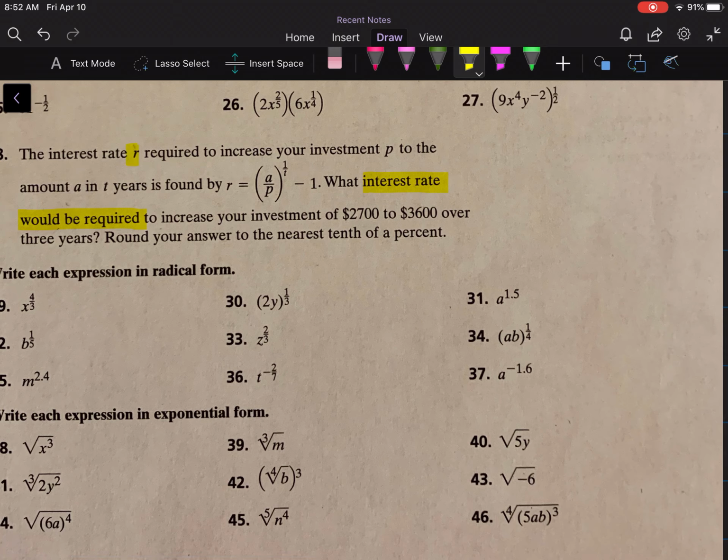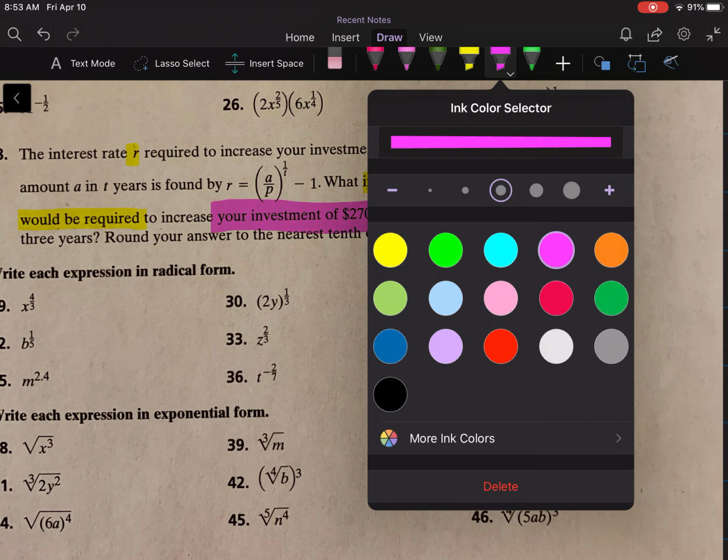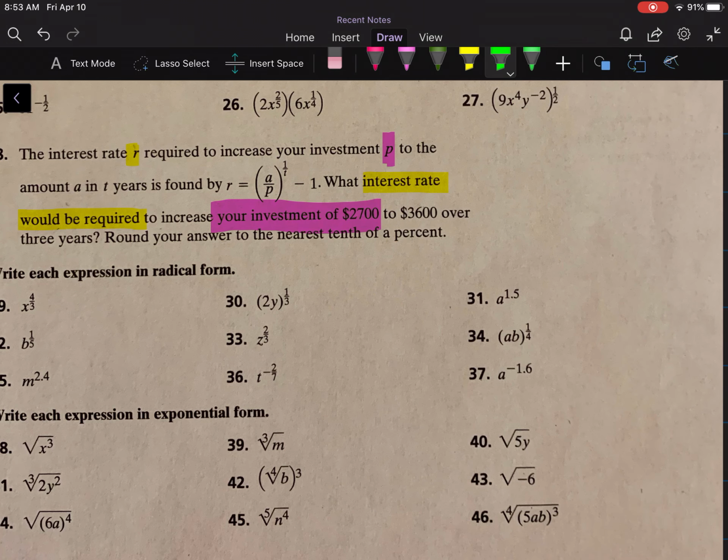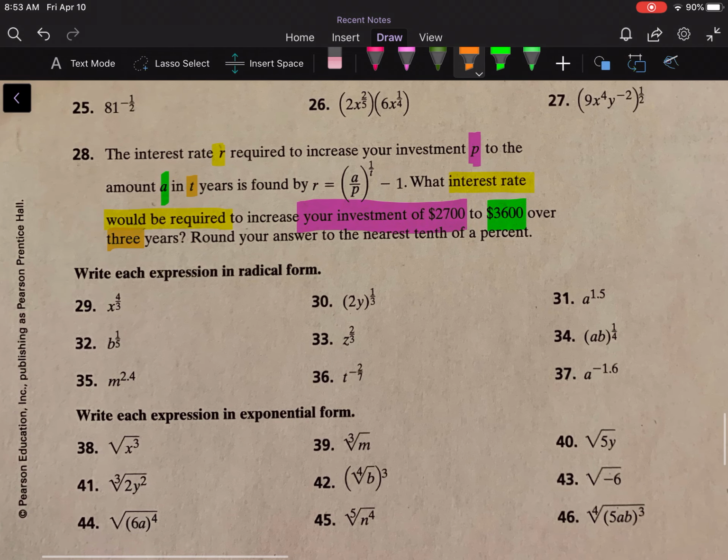Okay? So your investment is 2,700. The new amount, A, is 3,600. And years is T. So we got all that information. Let's go ahead and plug it in.